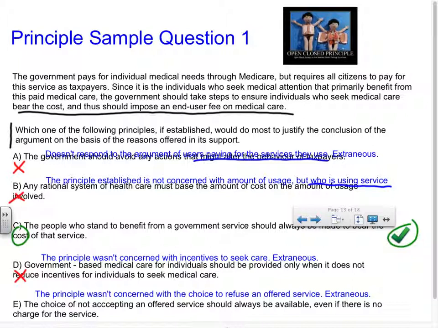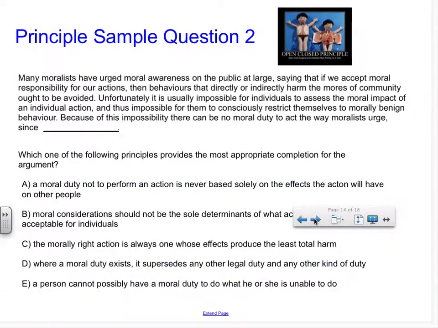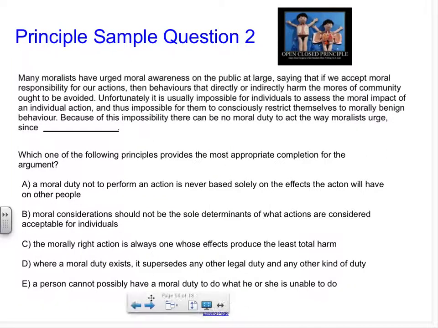So this is also extraneous, and we can get rid of E. The principle was concerned with who should pay for the services, those who use it or everybody. So just to recap, C was the correct response. Let's try another one, shall we?